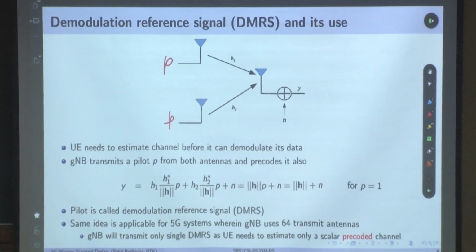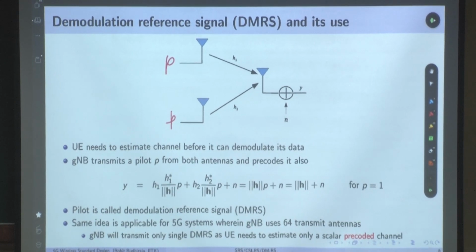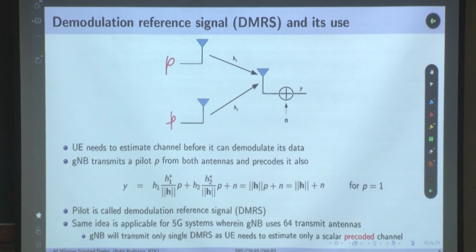So it is essentially transmitting only one DMRS, because it is P and P from both the transmit antennas. And why is it transmitting only one pilot signal? Because what is the norm of H? The norm of H is a single value, a number. So the UE is only estimating a single number.